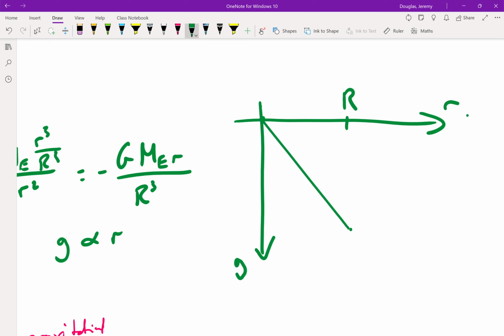So if we go twice as far away, to 2R, it'll be a quarter as big, about there, so we're going to get an inverse square going out from there, something like that. Yeah, it'll basically be like that.